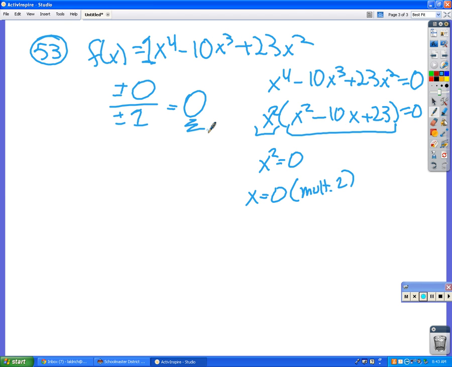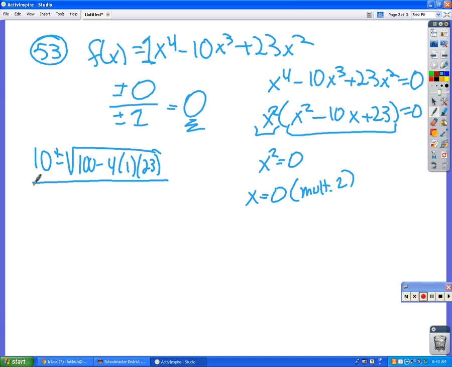All right, so I'm going to take a look at this right here. Opposite of b is 10. 10 plus or minus the square root of b squared, which is 100, minus 4 times a times c, all over 2.